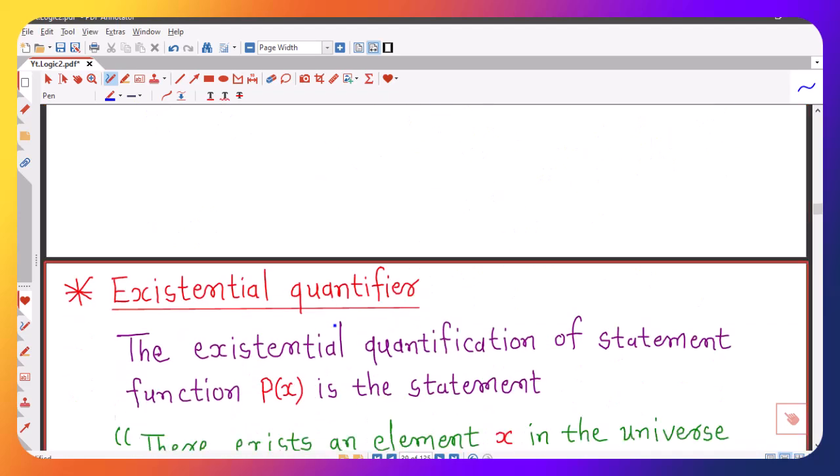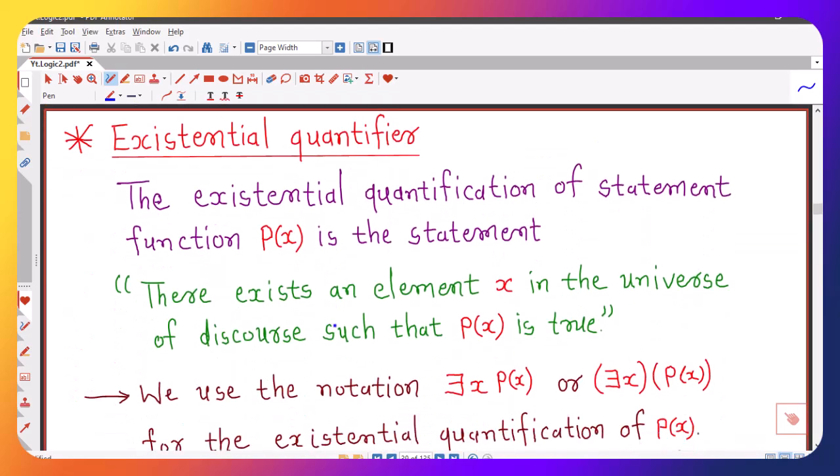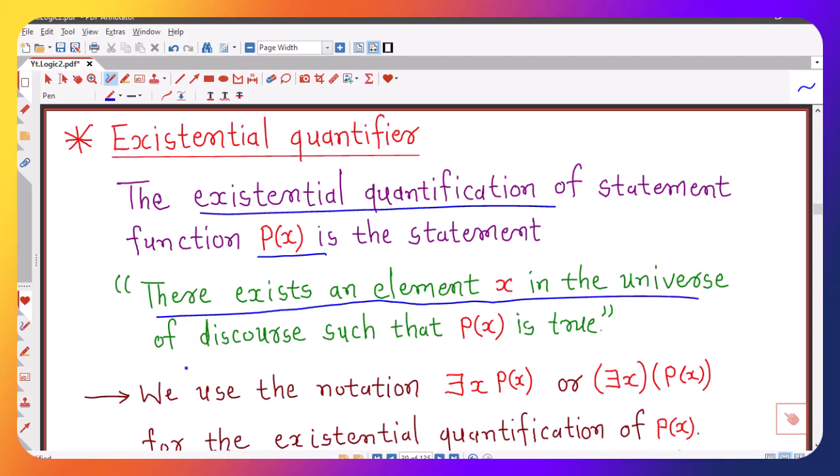They can ask you to write down the definition also, so we have to write systematically. Existential quantification of statement function px is the statement: there exists an element x in the universe of discourse or domain such that px is true.